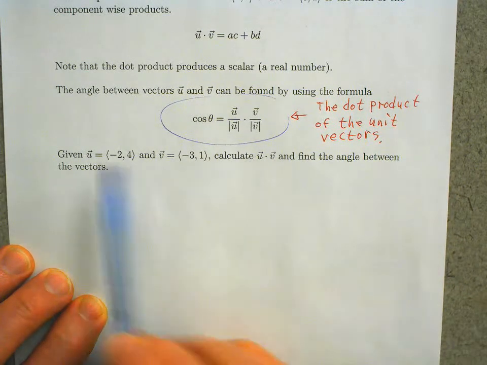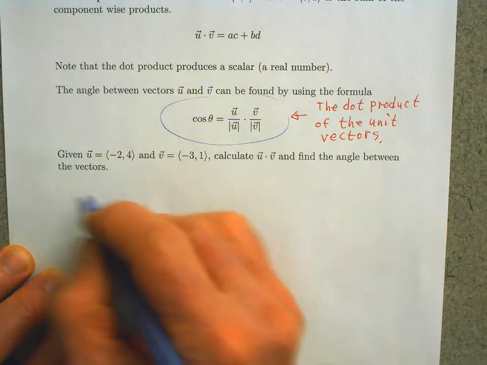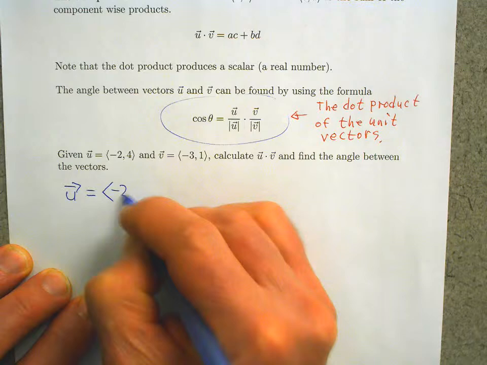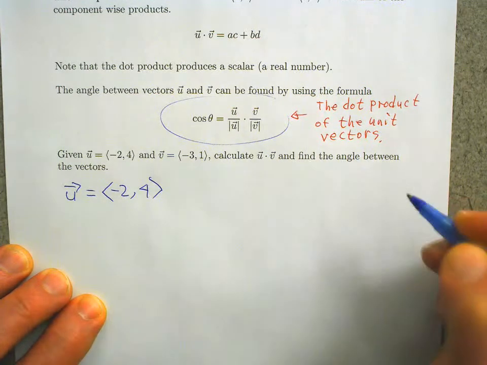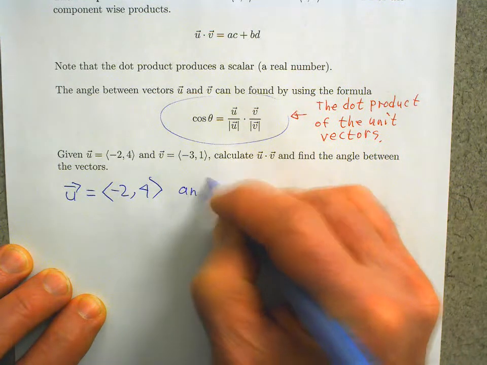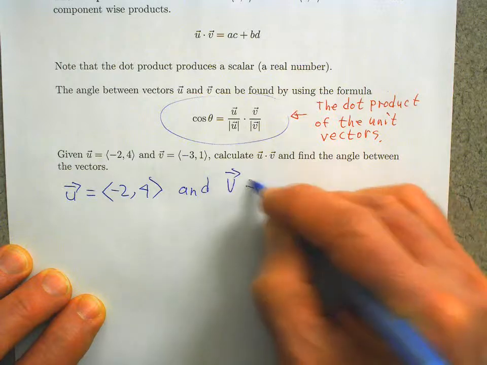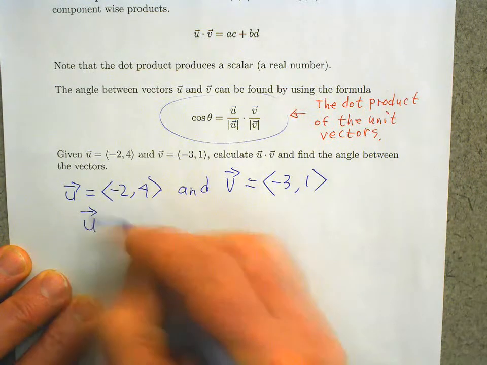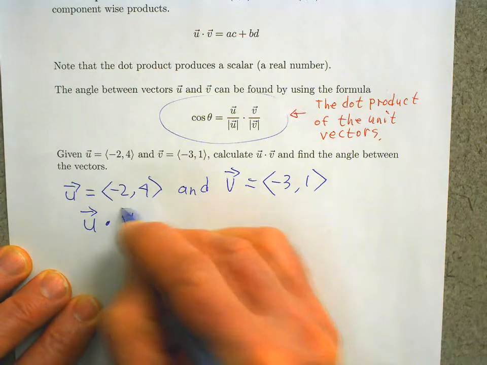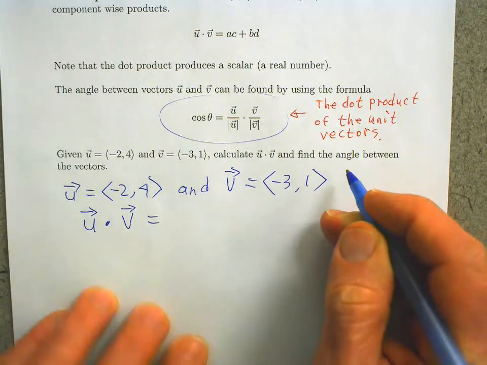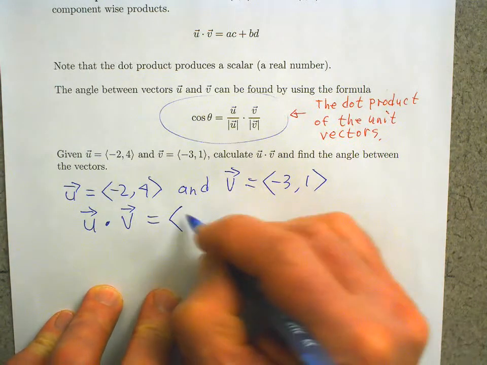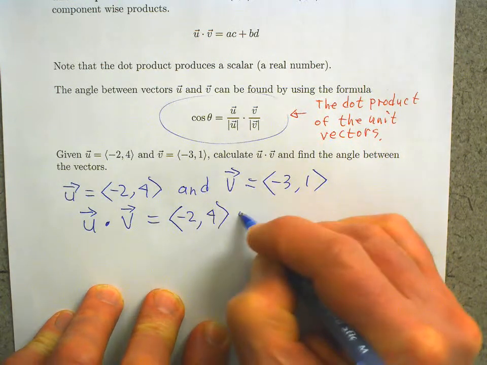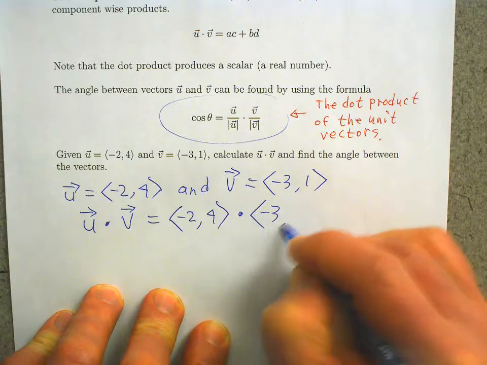calculate the dot product. If u is the vector -2, 4, and the vector v is -3, 1, then the dot product of u and v, you can write the dot product in component form too, -2, 4, dot product, -3, 1.